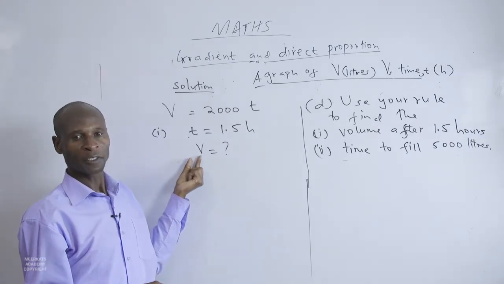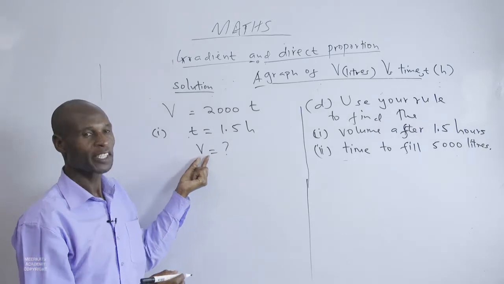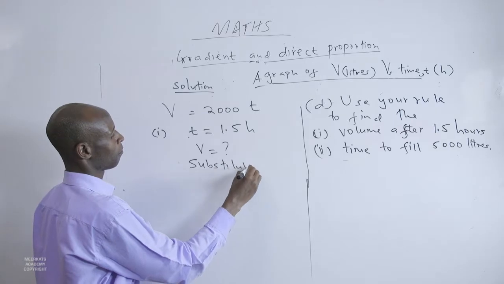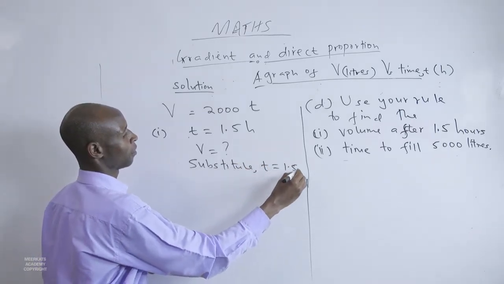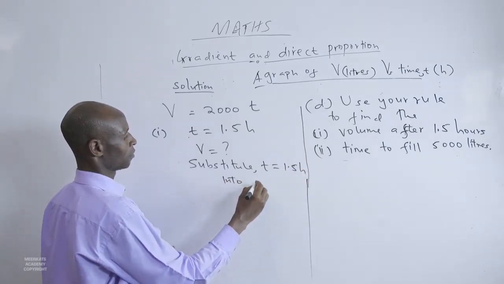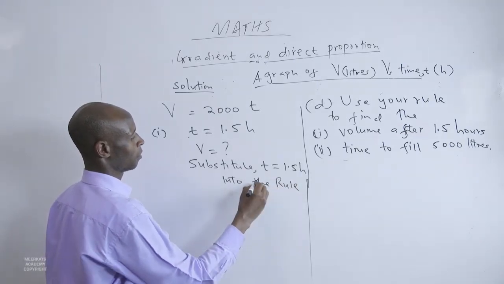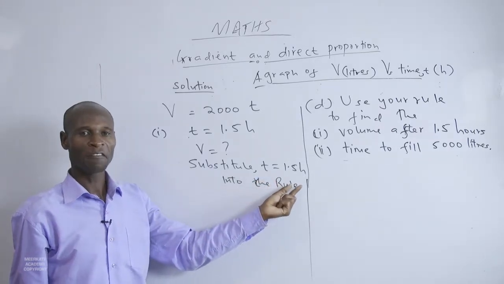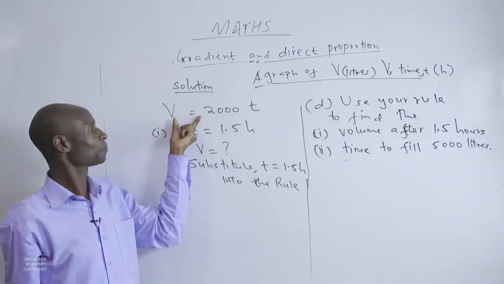What is not known is volume. So how do we find that volume? We substitute t = 1.5 hours into the rule that we have developed.